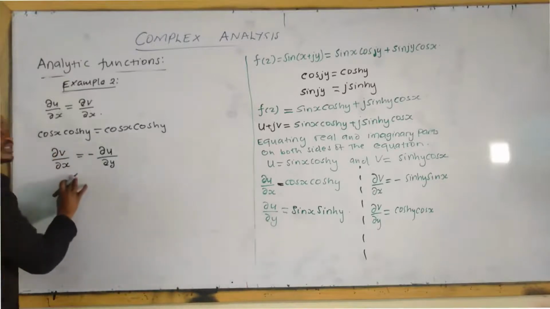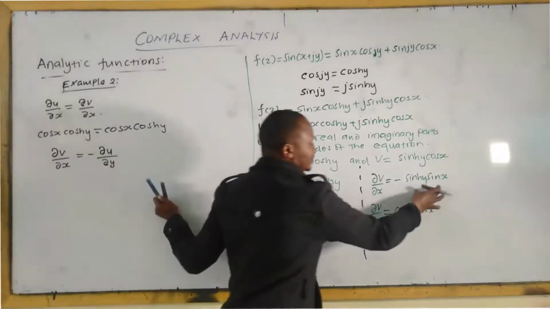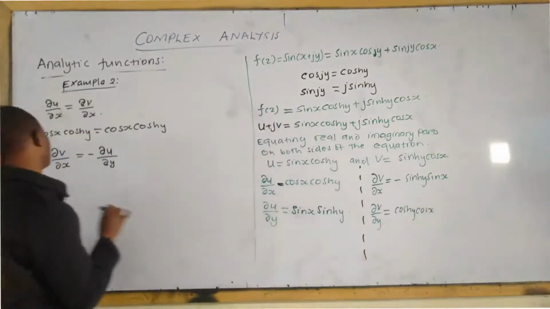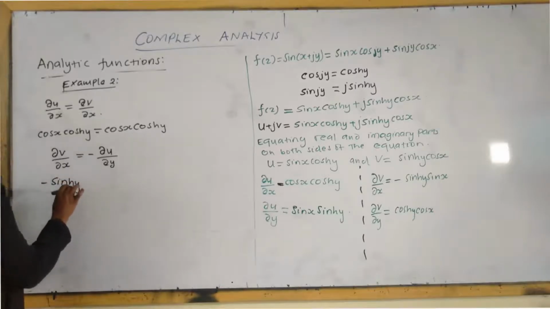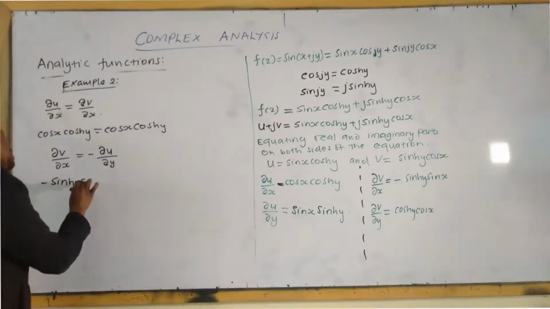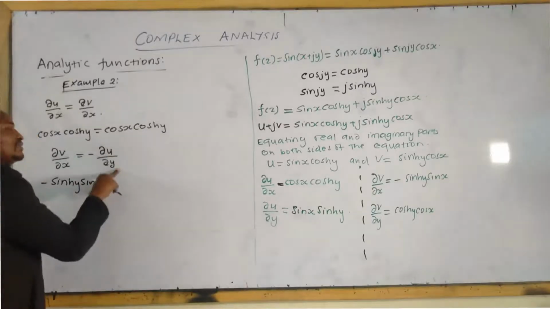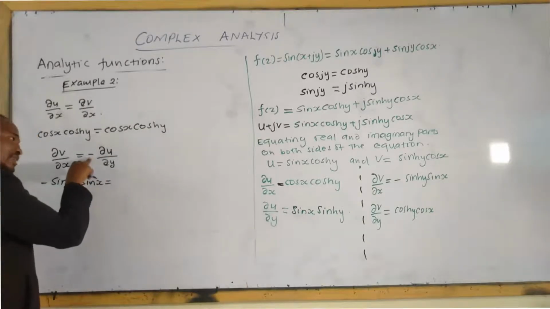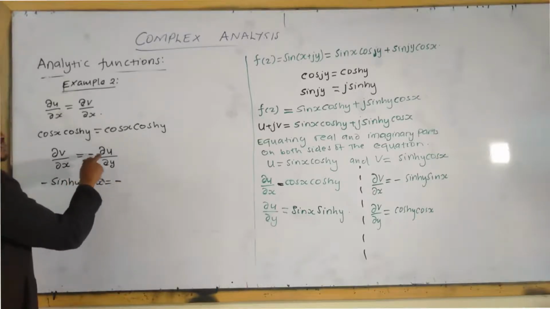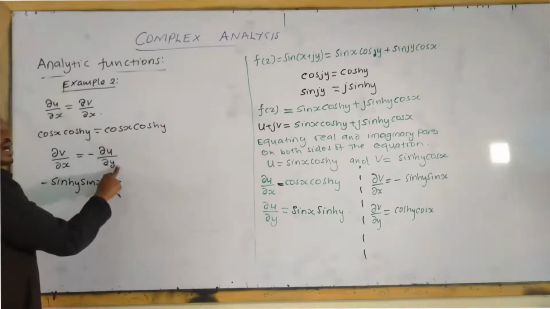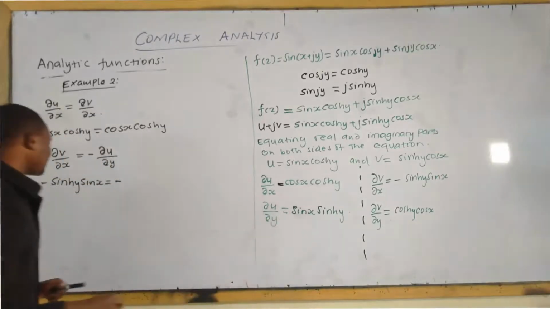The partial derivative of v with respect to x is negative sin y sin x, and this is equal to negative the partial derivative of u with respect to y.